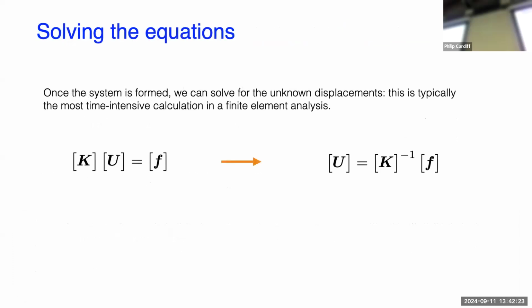And then conceptually, how you solve that is if you multiply the left and right of this equation by K inverse. So K inverse by K will be I, that'll cancel out, and then you're left with K inverse by F on the right. So if you want to calculate the nodal displacements or nodal temperatures or nodal velocities or pressures, you just have to calculate the inverse of the matrix and multiply it. Conceptually. In reality, how they actually do it may vary.